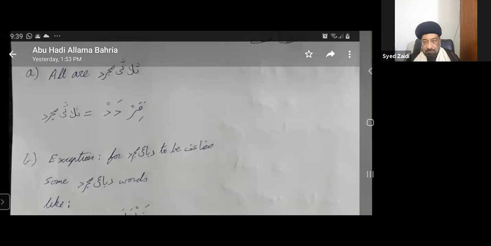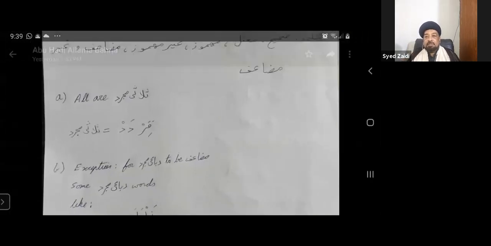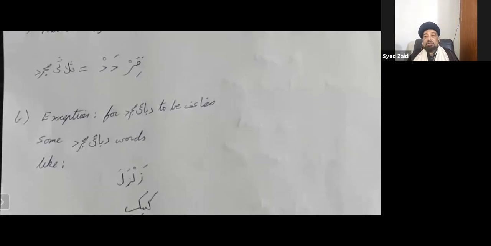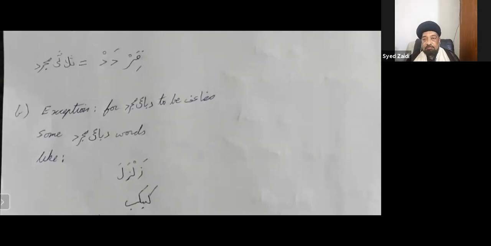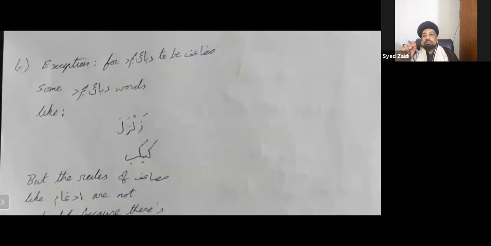Now this word, if you can scroll up, please, number B. Zalzala is a four-letter word. And the two zals in the word zalzala are not next to each other. Even though there is a lam in between, in thulathi mujarrad, in the word madda, there were two root letters of the same kind that were together.